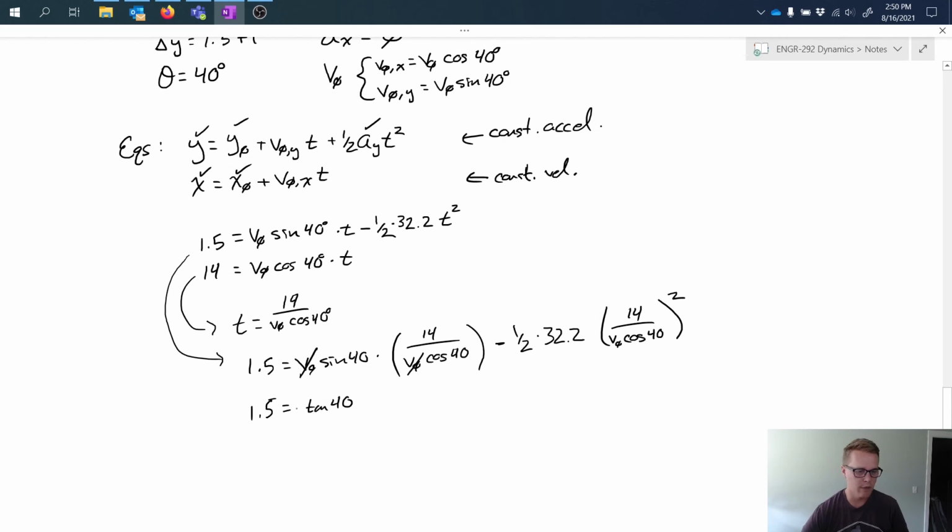And I still have 14 here, so I'll write that out front. 14 tan 40 minus 1/2 times 32.2 times, and then over here I have 14 squared, which is 196, over v naught squared cos squared 40 once I distribute that square into the problem.